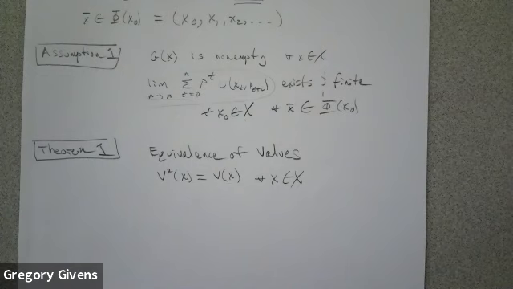Or in reverse, if you have found the V that obtains the maximum value of the Bellman equation, you have also found the V star that maximizes the sequence problem. So V star is equal to V for any possible value of x.